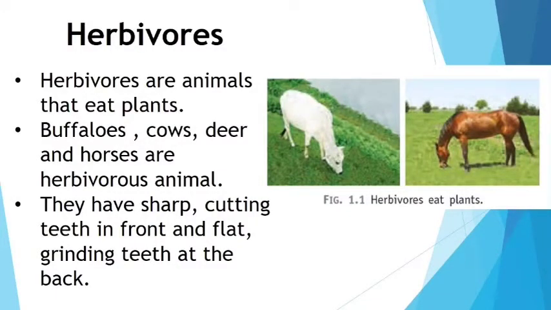Herbivores are animals that eat plants. Buffaloes, cows, deer, horses are herbivorous animals. They have sharp cutting teeth in front and flat grinding teeth at the back.